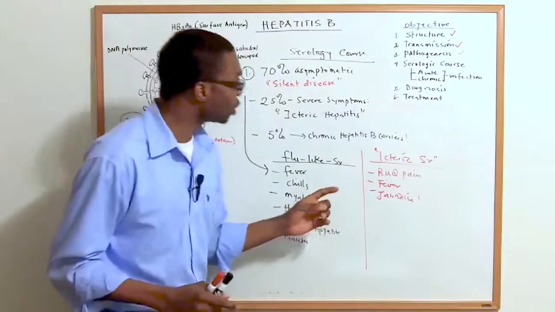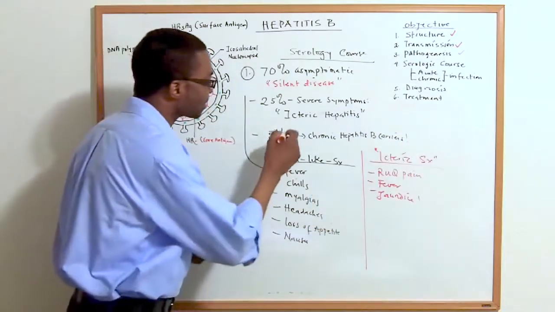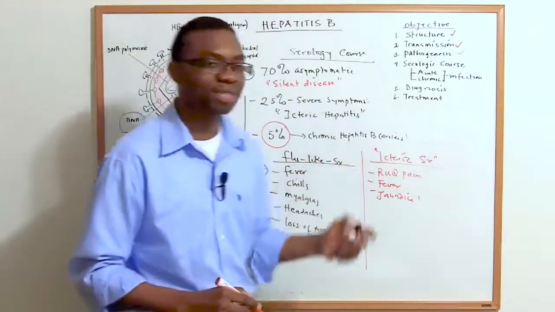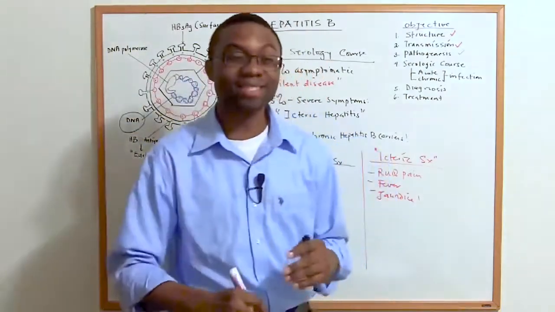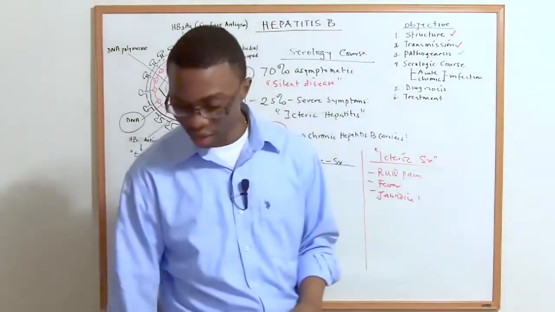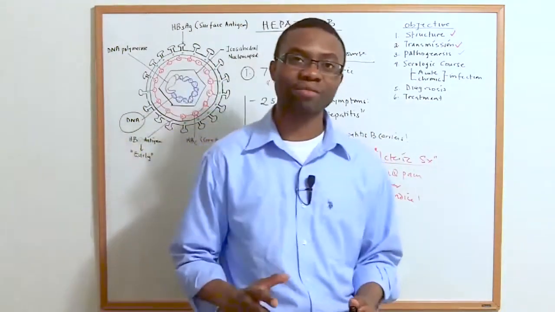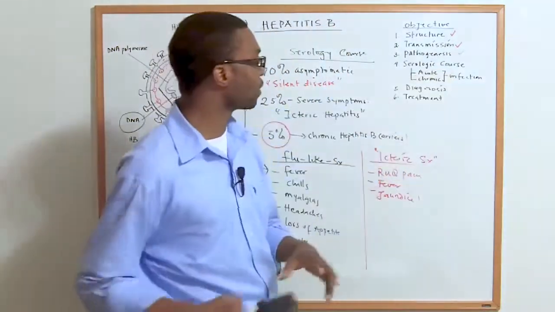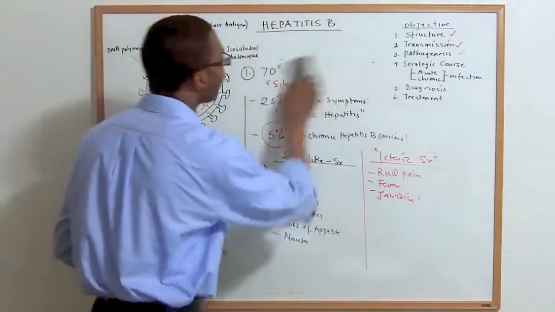But unfortunately, because 5% of people can progress to chronic hepatitis B, this is a serious disease. So now we need to draw out a graphical representation of the serologic course of an acute hepatitis B infection.